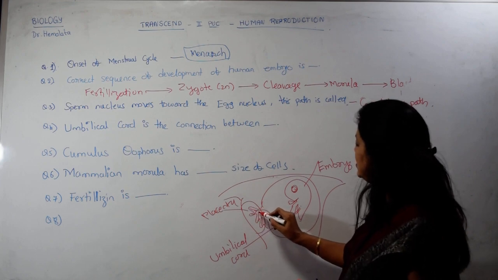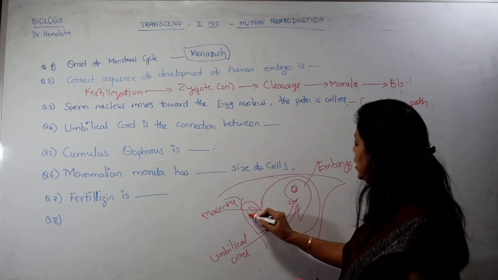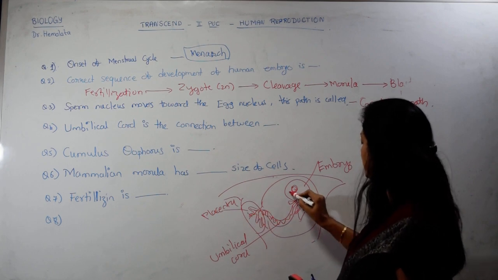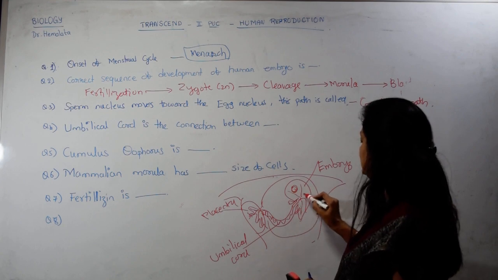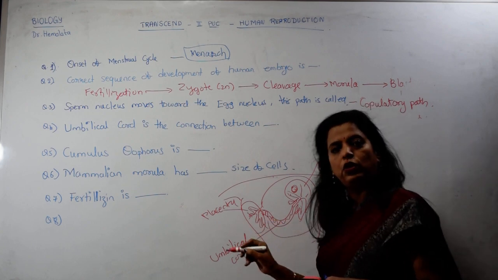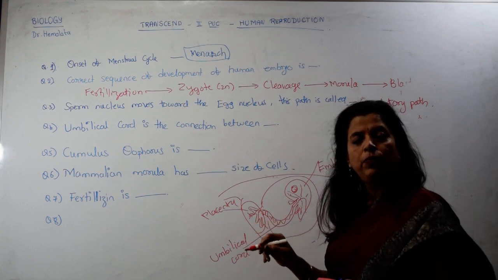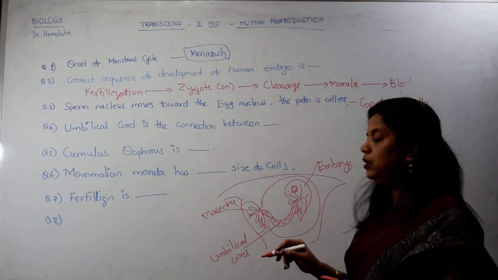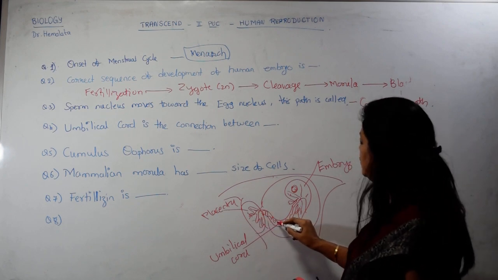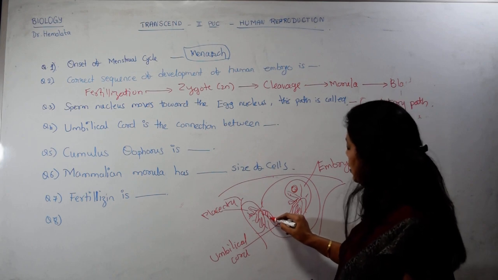These allantoic blood vessels take the nutrients that are absorbed by the chorionic villi, then transport them to the fetus through the fetal blood vessels. So the umbilical cord transports all the nutrients and also the respiratory gases and the antibodies, everything. The umbilical cord is formed by a number of blood vessels.